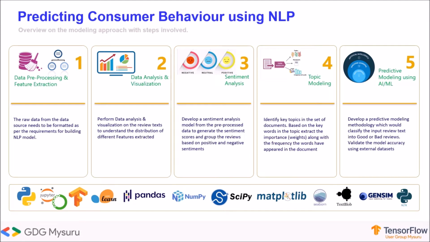So first of all, what is NLP? It's a rule-based modeling of human language combined with statistical machine learning and deep learning models. Together, these technologies enable computers to process human language in the form of text or voice data and to understand its full meaning, complete with the speaker's or writer's intent and sentiment, in a very similar way as we humans do.